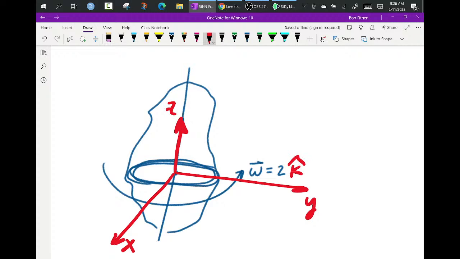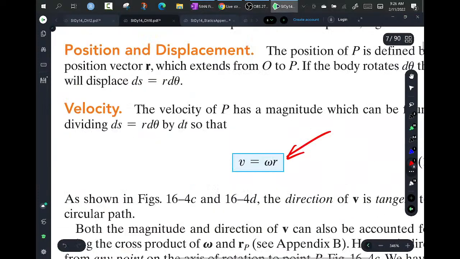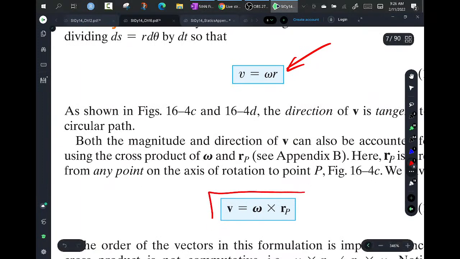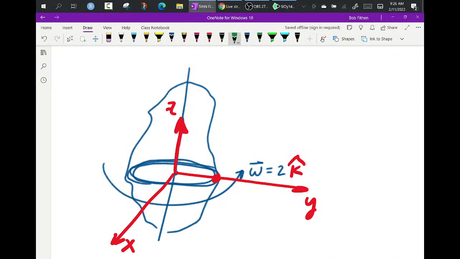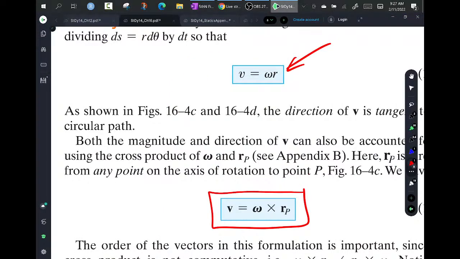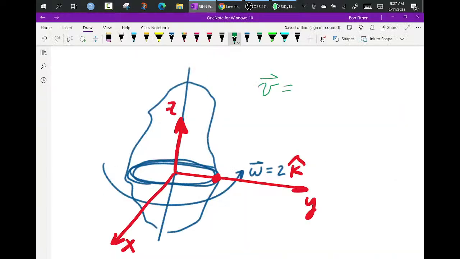Now, if you pick a particular point out here, and you say, I want to find the velocity. According to this, he's telling us that the velocity in vector form is omega cross r to the point P. Let's say that's point P.